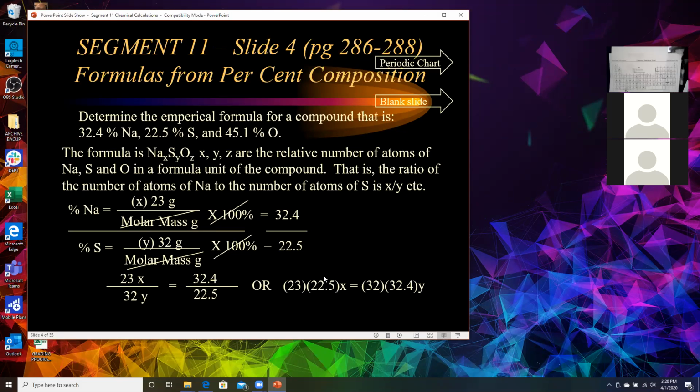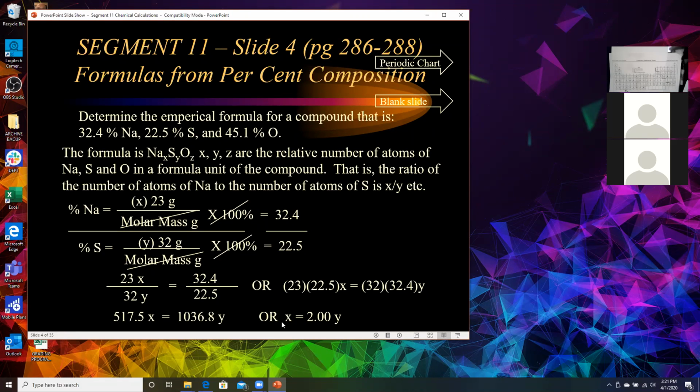We can cross multiply. We get 23 times 22.5 times x will equal 32 times 32.4 times y. We can do the math, multiply those out, divide both sides by the smaller one, and you get 1x equals 2y. So we've seen this before when you get something like that.